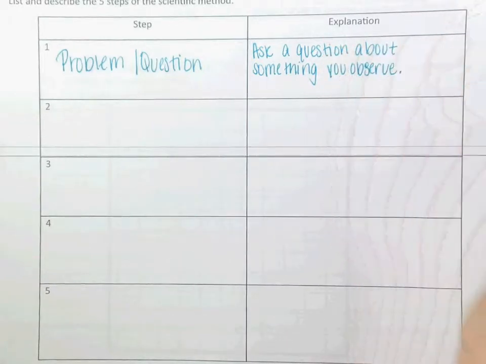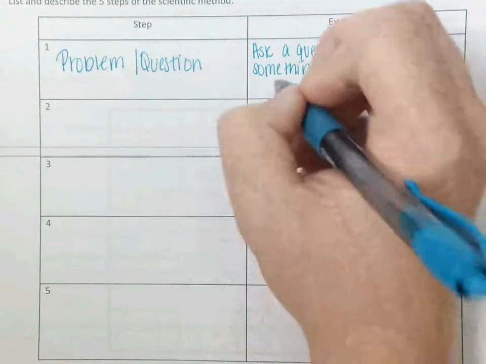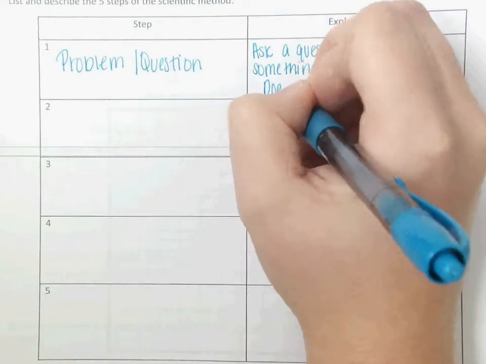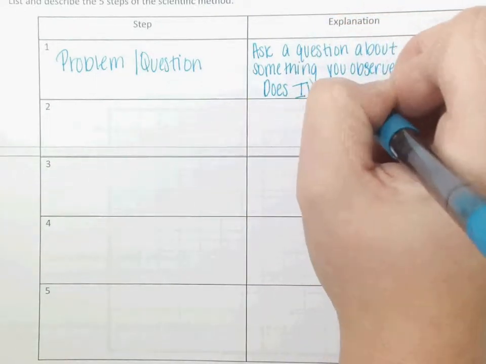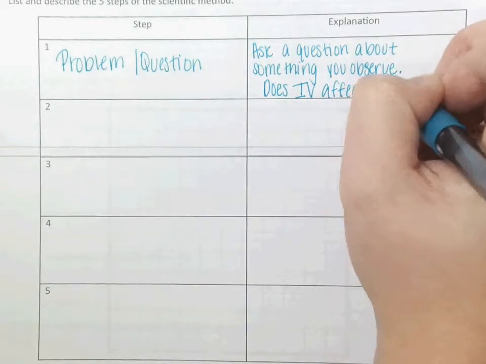And this is where we write our testable question, which is in our format, does our independent variable affect the dependent variable?